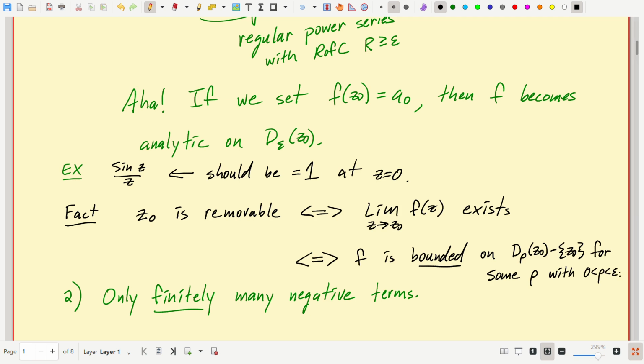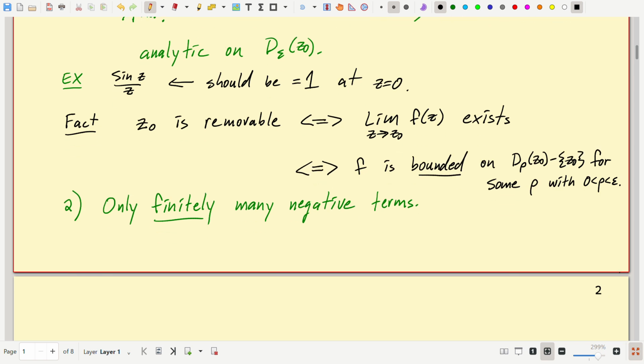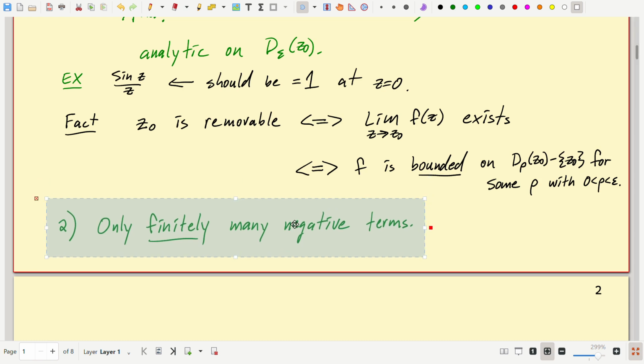That's going to be a theorem, but it's worth pointing out at this point because it'll give you a feeling for what that means. So these are facts.